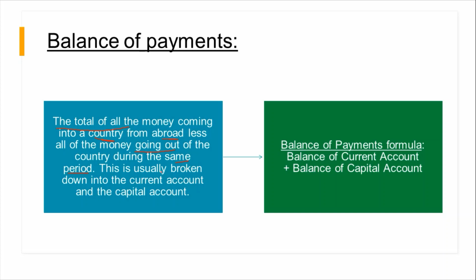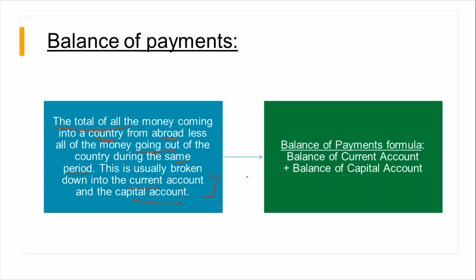Now it's usually broken down into current account and capital account. There's a lot of detail to this. I'll try making a different video wherein I'll explain all of these terminologies that are there in balance of payments, because there are a lot, and we'll try solving some of the numericals also in that video itself.